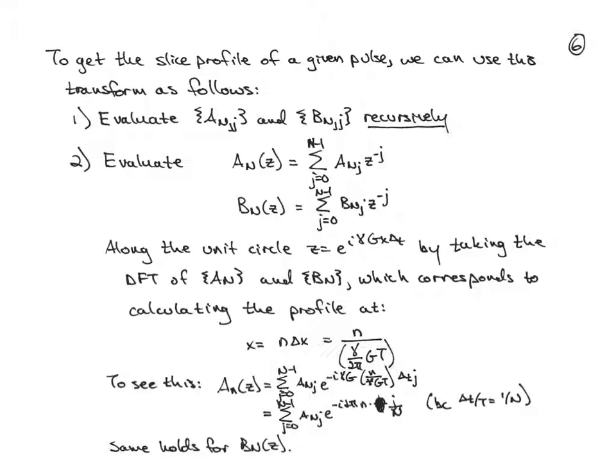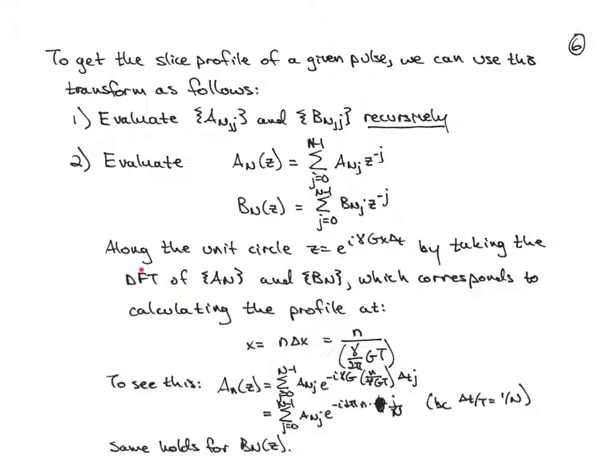Okay, so to get the slice profile of a given RF pulse, we can use the SLR transform as follows. First, we evaluate the coefficients of the A and B polynomials recursively. Then we evaluate their values for given Z values that we plug in. And specifically, those values will lie along the unit circle, and we get the profile then by taking the DFT of the coefficients that we've calculated in step 1.